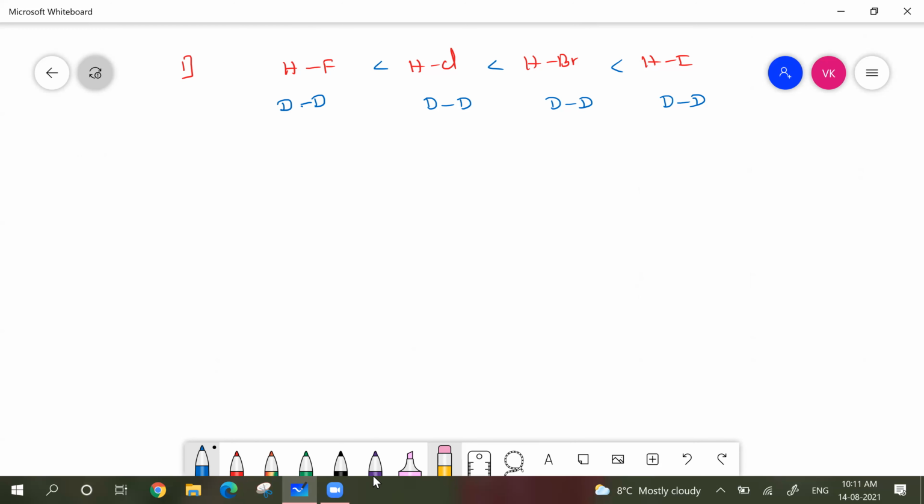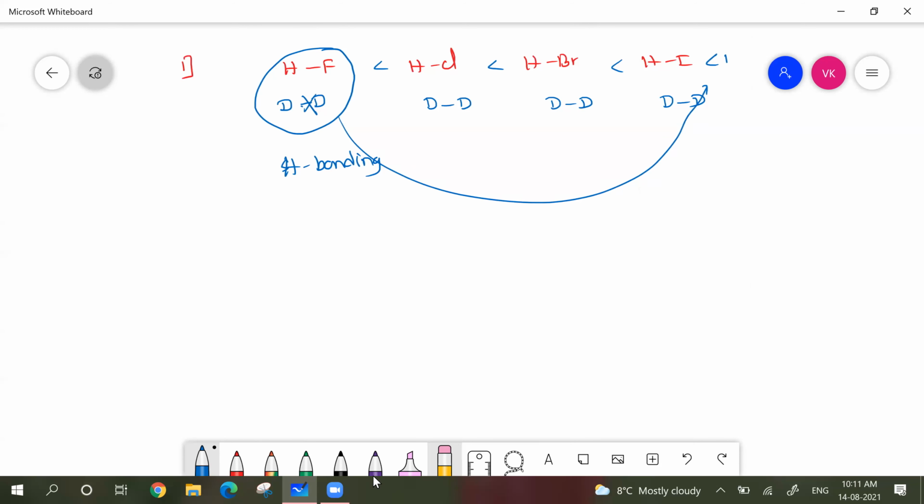Actually, they follow like this, except only one thing. In this case, you don't take dipole-dipole interactions. Here, it is said to be having strong hydrogen bonding, because fluorine gives hydrogen bonding whenever it is attached to hydrogen. So whenever we say hydrogen bonding is stronger than van der Waals forces, it occupies the first place.